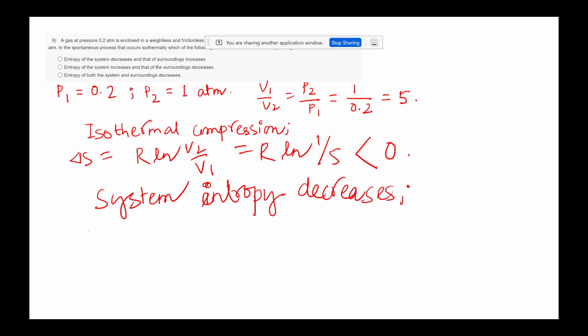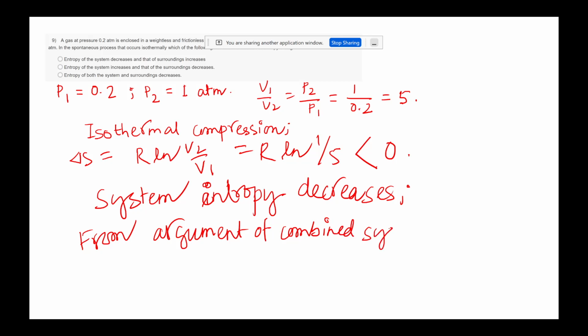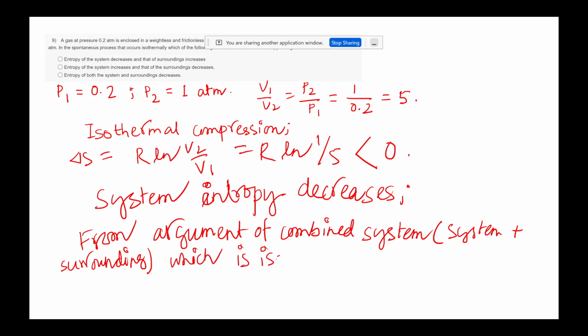Now from our argument of the combined system plus surrounding, which is isolated, delta S is equal to 0.